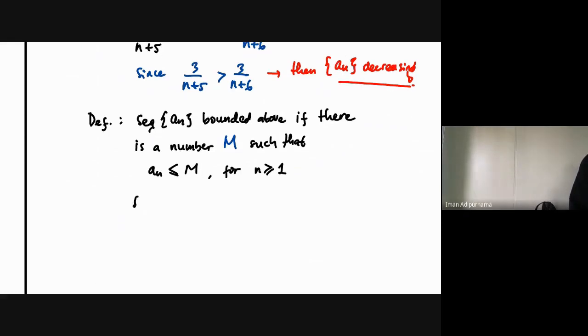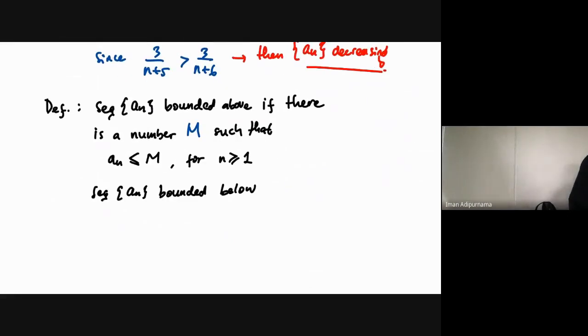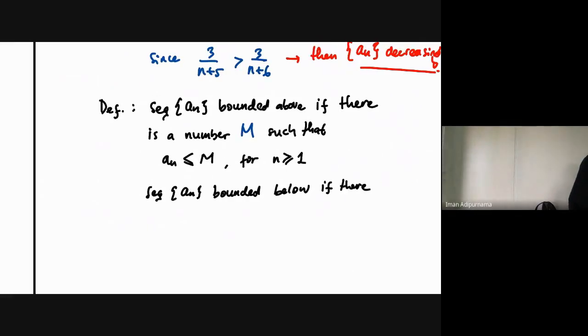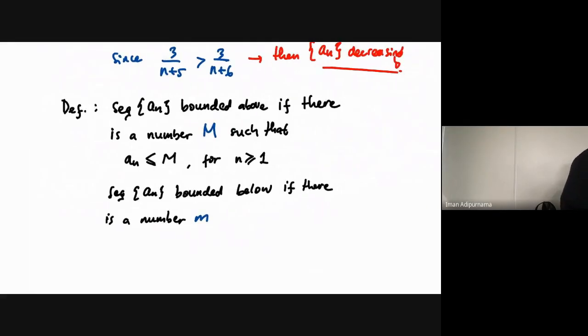And a sequence is bounded below if there is a number, let's say small m, such that m is less than or equal to a_n.